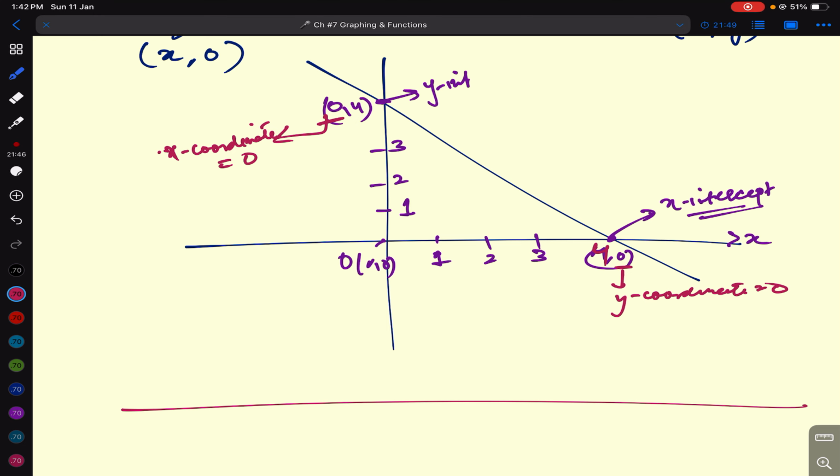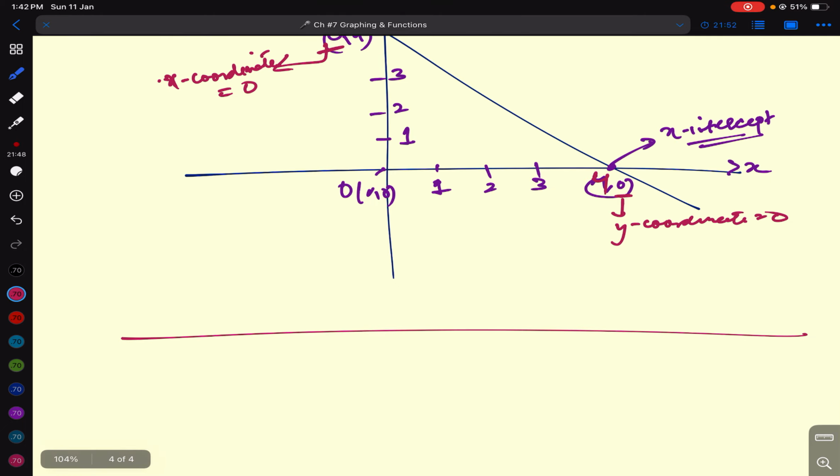We will take one more example and then close this lesson for the chapter.